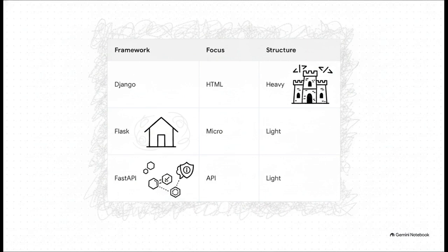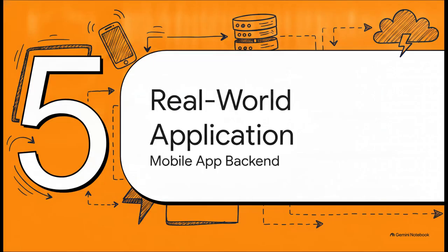FastAPI, it sits right in the sweet spot. It deliberately skips Django's HTML templating to focus entirely on APIs and JSON, but it adds the absolutely crucial built-in structural elements like automatic documentation and data validation that Flask lacks, and somehow it manages to genuinely retain that exact same lightweight minimalist feel.